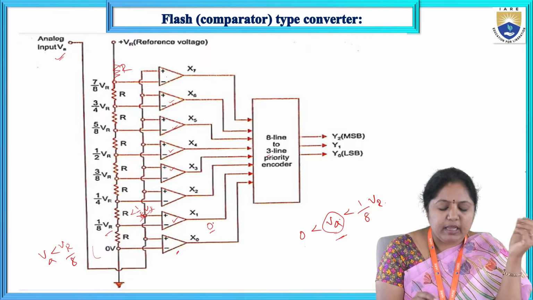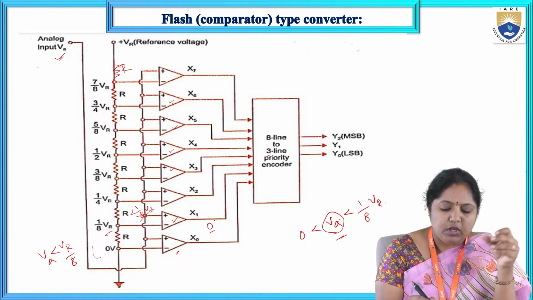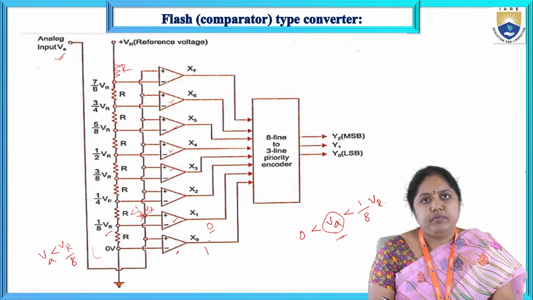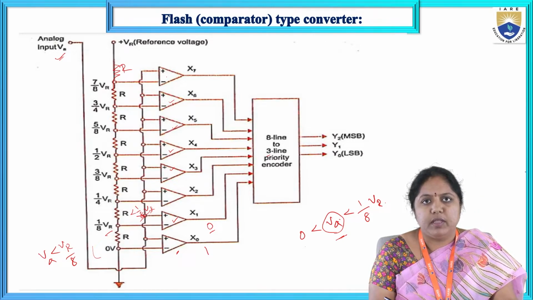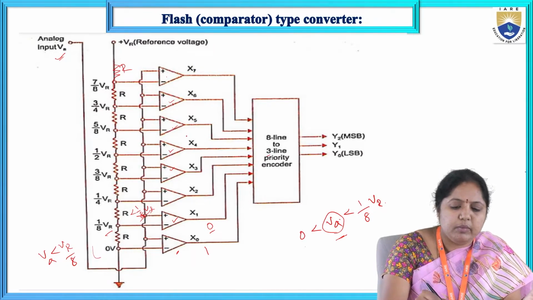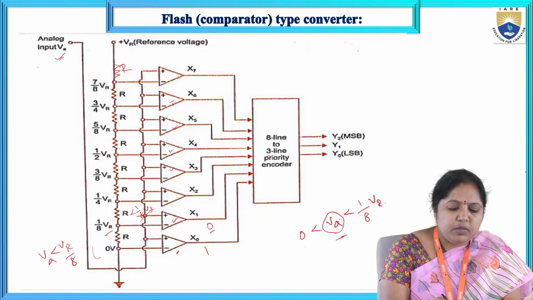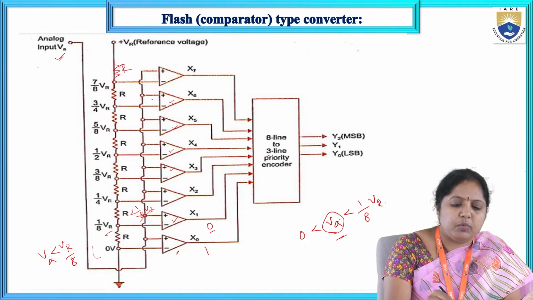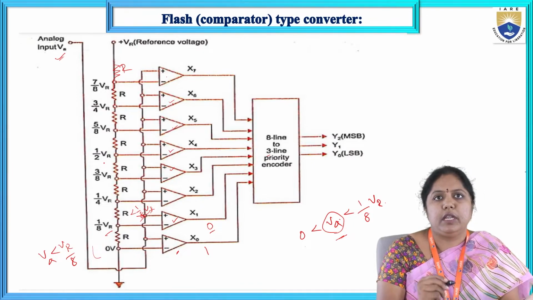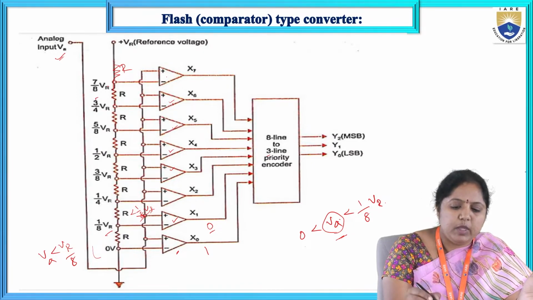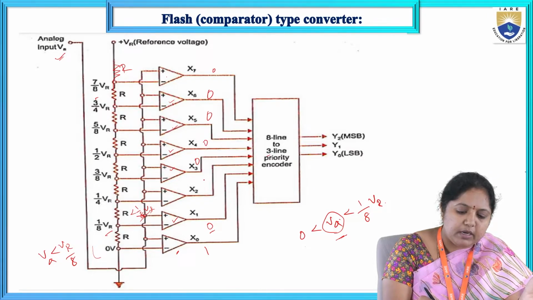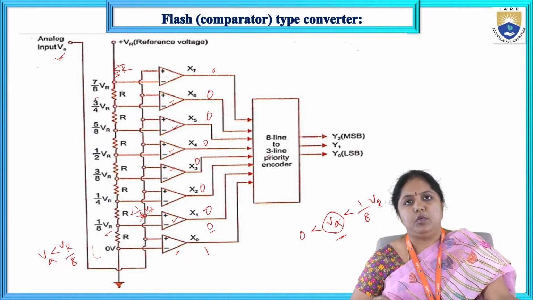At that time, I will get logic 1 as the output for X0. Logic 1 is the output for X0, and here X1 equals 0. And what about the remaining ones? Definitely for all of these, the positive potential is less than the concerned negative reference voltage, so obviously I will get the output voltage for each and every remaining comparator as zero.